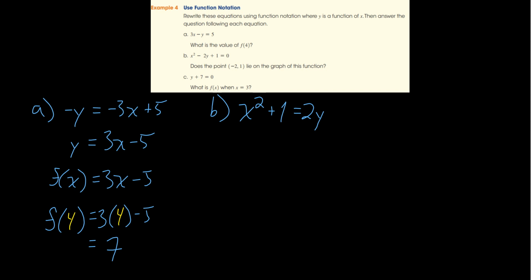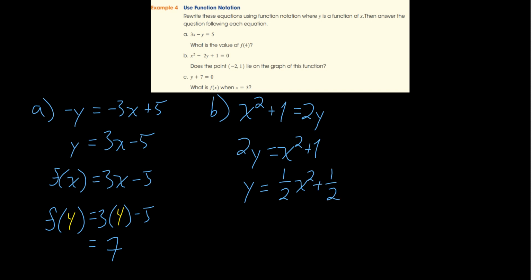Now I'm just going to flip everything, left side to right side, right? So I'm just going to say 2y is equal to x squared plus 1. I'm going to divide both sides by 2, so I'm going to have y is equal to 1/2 x squared plus 1/2.